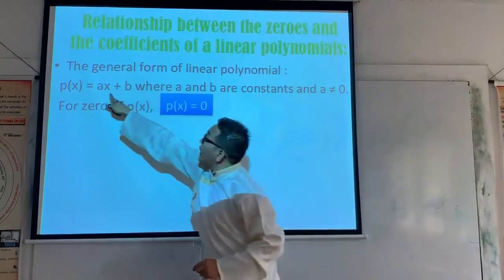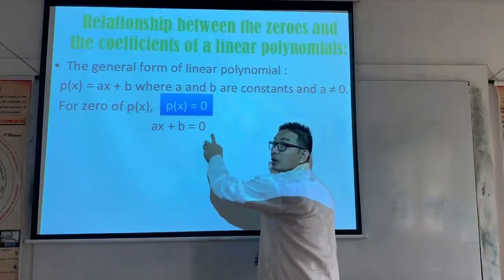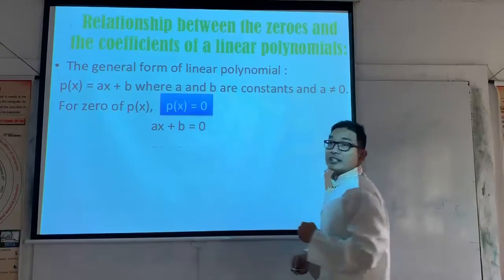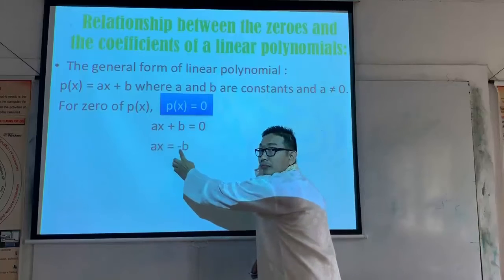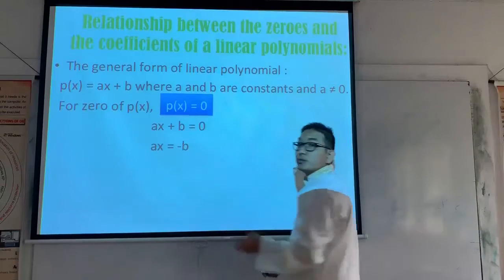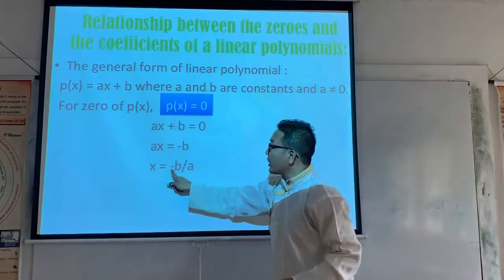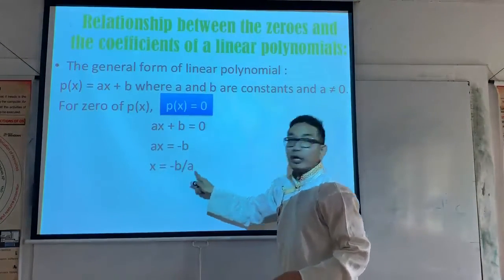P of x is ax plus b. So ax plus b is equal to 0, so ax is equal to negative b, and x is equal to negative b divided by a. So the value of x is negative b upon a.